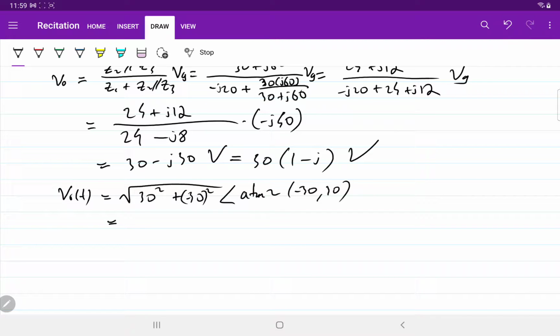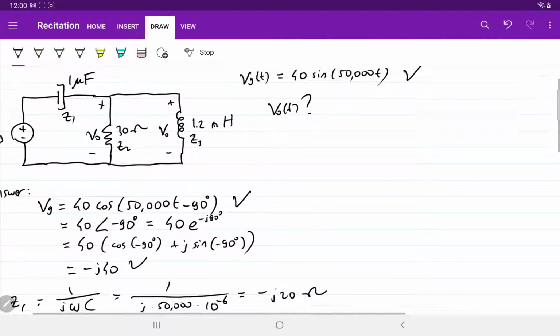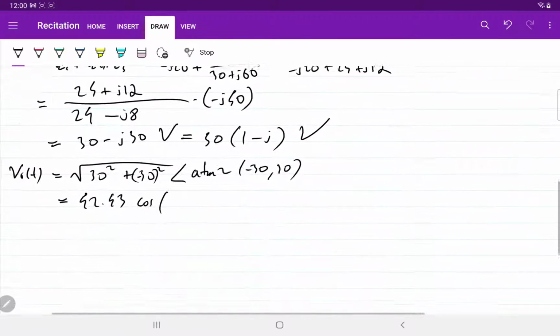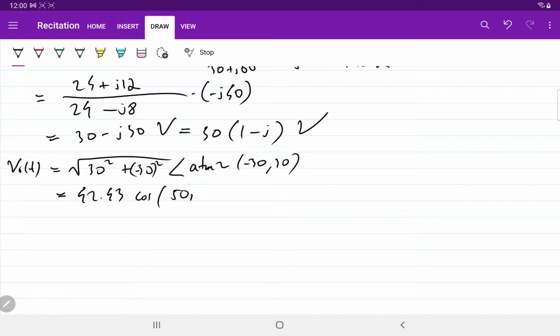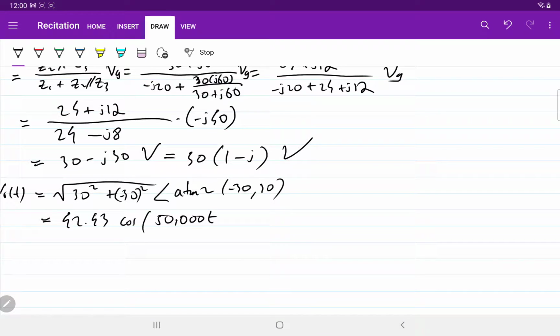All right, so this is equal to 42.43 cosine. Since the frequency doesn't change, we have 50,000 t, and then the angle is minus 45. So atan2 of minus 30 comma 30 is minus 45 degrees. Okay, all right.